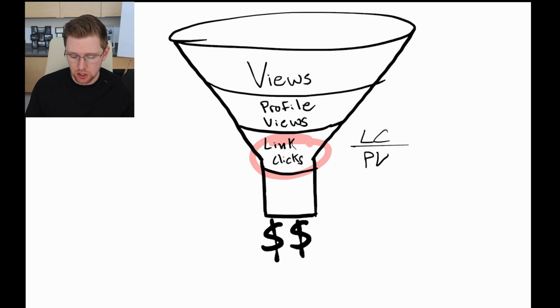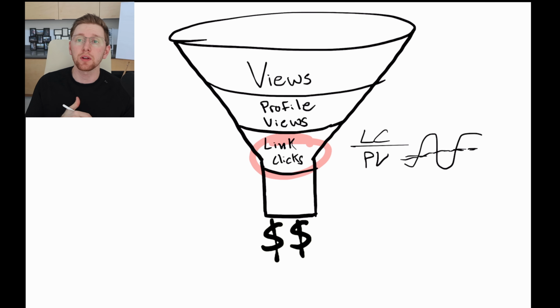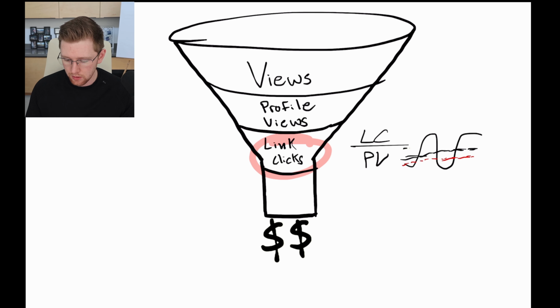And obviously these change and go up and down, but you can find an average over time of where you typically convert with your content. And there's other things, like I said, that you can do that can either decrease your conversion rate or increase your average conversion rate over time as well.